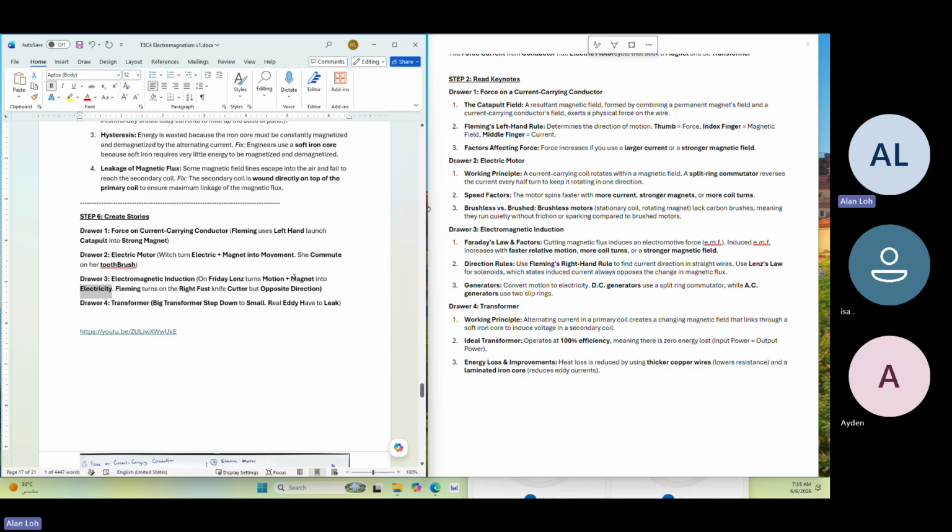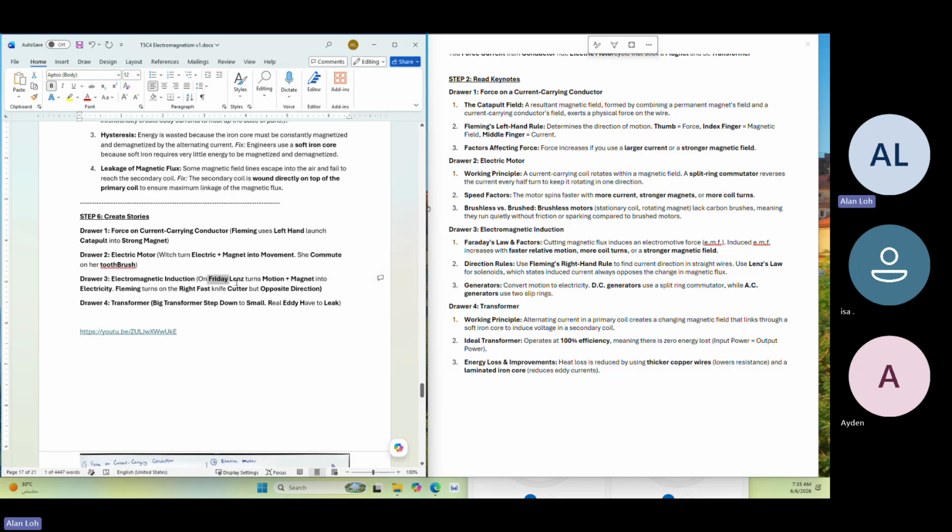For drawer 2, you are using electric plus magnet to generate movement. So there are two different mechanisms in two different drawers, right? That's why they are in two different drawers. So on Friday, obviously we are talking about Faraday, to help you remember there is this Faraday law. Just to create these terms called Friday.